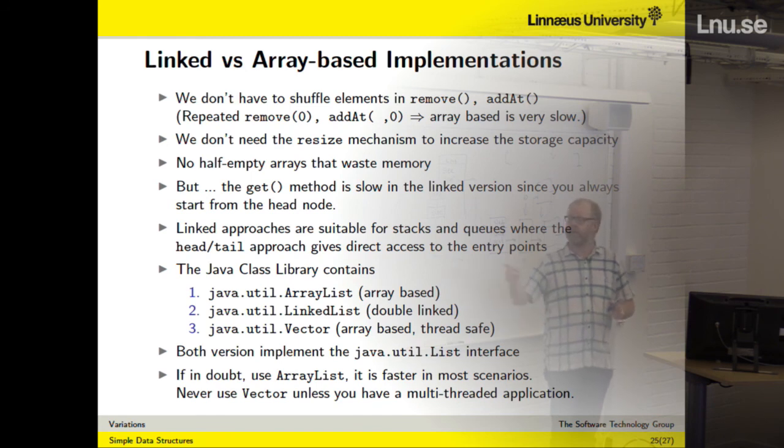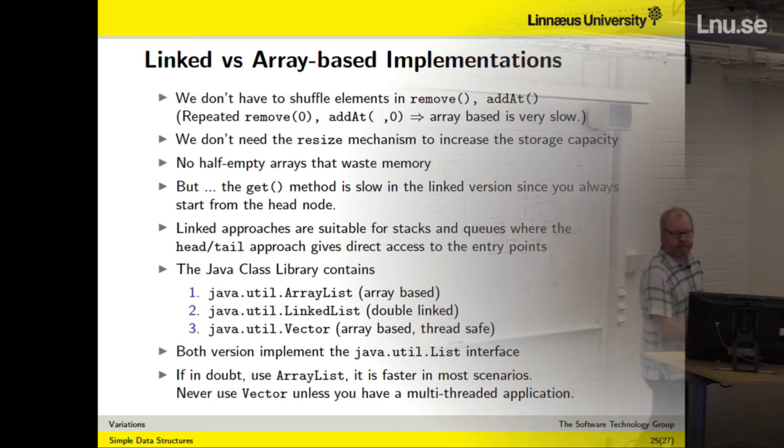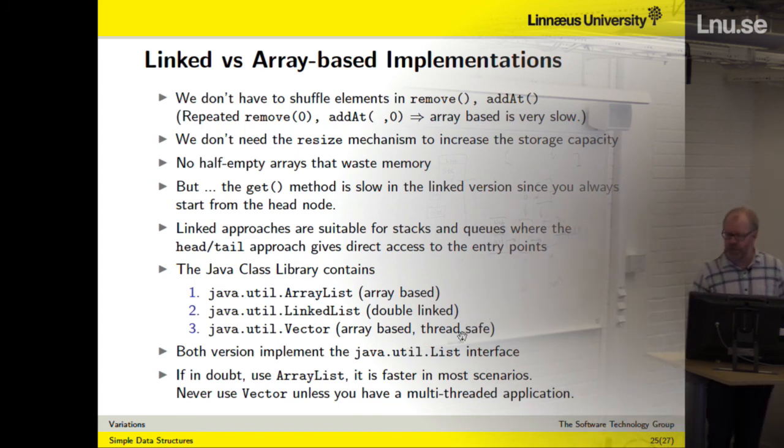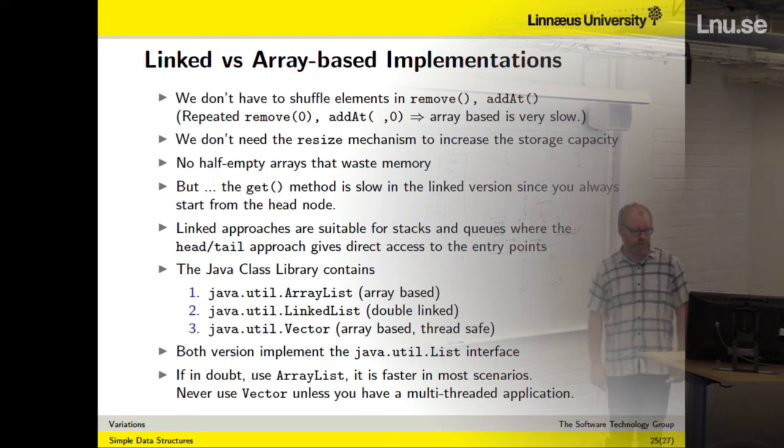So then the other thread has to wait until the first thread is completed, and then it can access it. This is good if you're using threads, but it's a waste of time if you're not using threads. So in general, this one is slower than this one. Both of them are array based, but this one is slower since it puts locks on it every time and removes the locks afterwards.